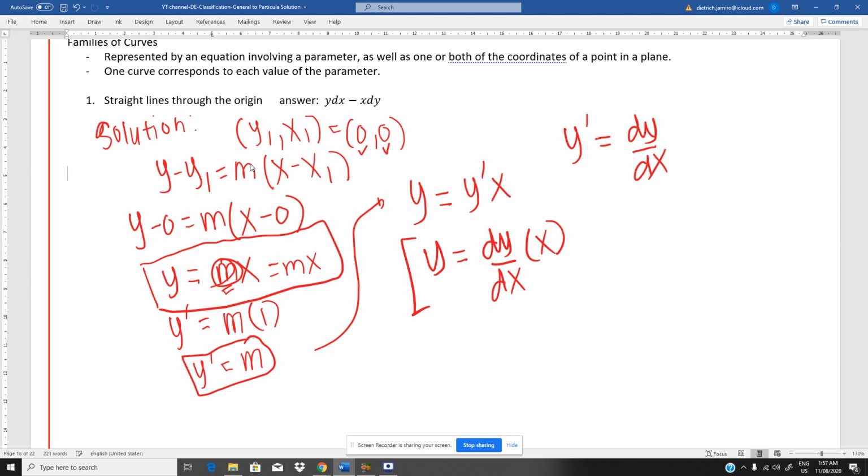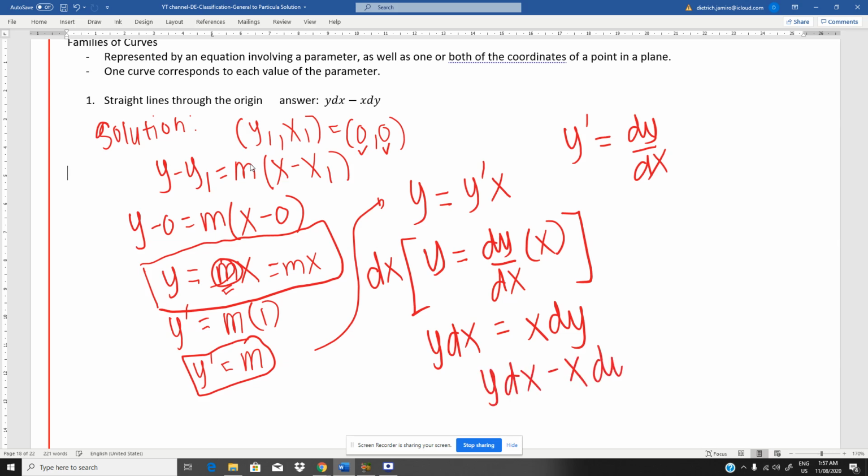By multiplying the equation by dx, we will have y dx is equal to x dy. So our answer is y dx minus x dy is equal to 0.